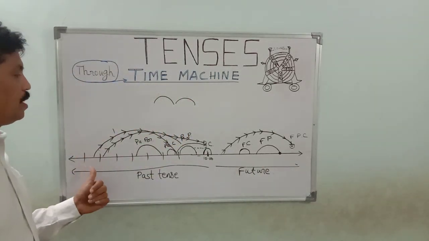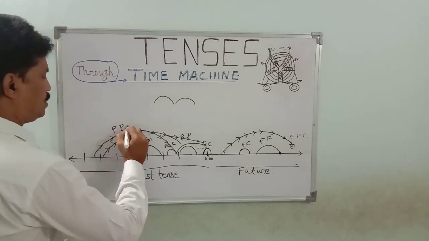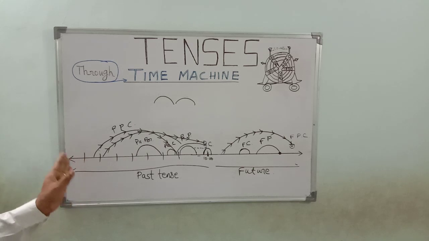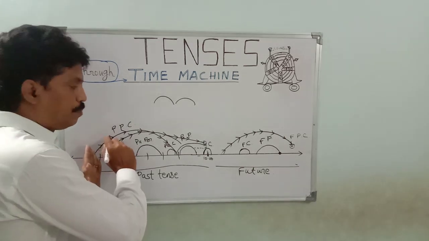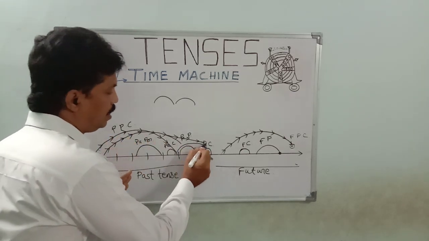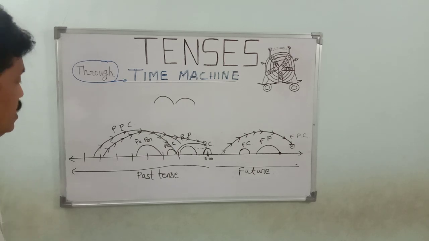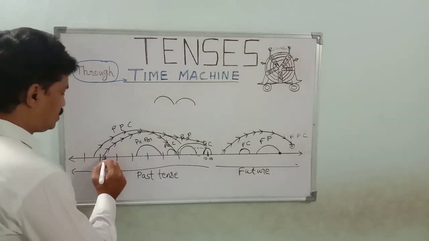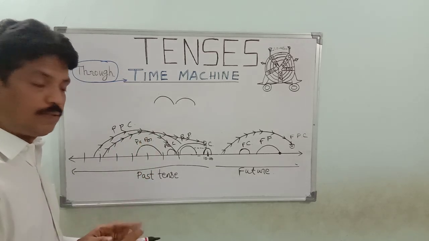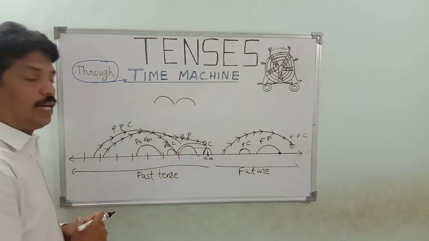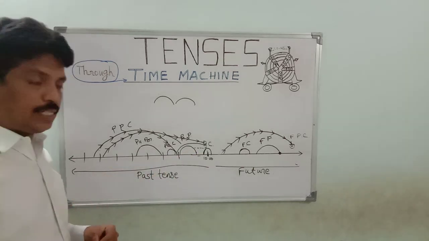And present perfect continuous tense: an action which started in the past and continued for a period of time and still it is going on at present. And an action started in the past and ended in the past for a particular period of time, followed by another past tense sentence, past perfect continuous tense.